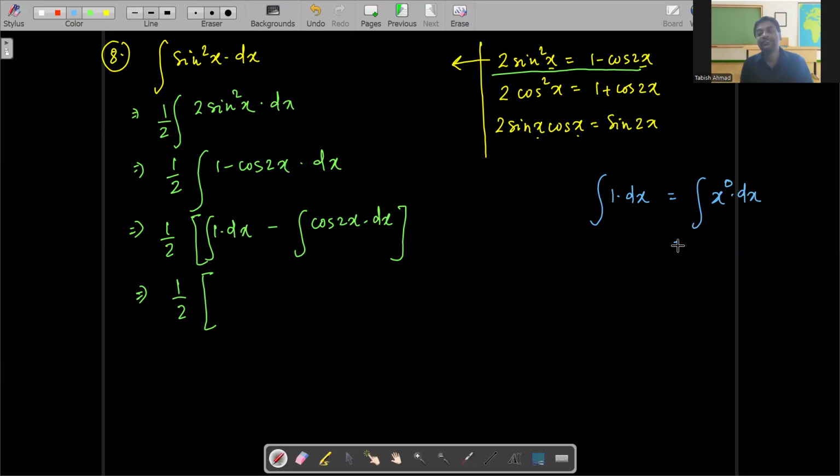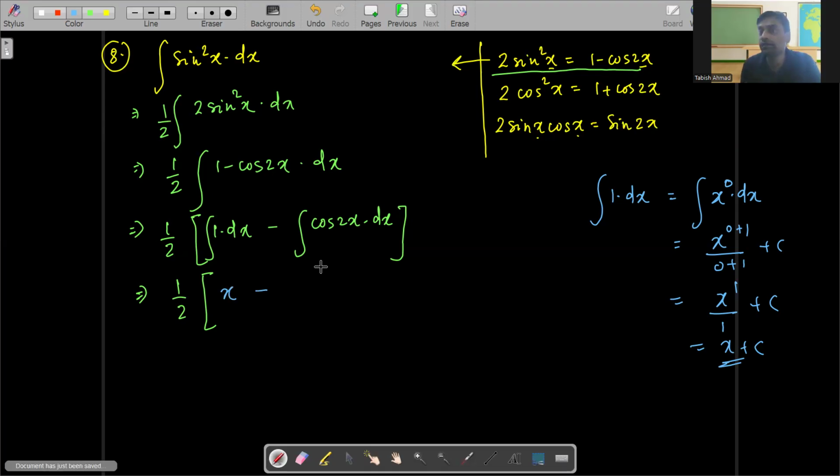Now use the formula: integration of x to the power n is x to the power n plus 1 over n plus 1. So it will become x to the power 0 plus 1 over 0 plus 1, that is x to the power 1 over 1, which is nothing but x plus c. So x is the integration of 1. So this will become x minus, what is the integration of cos 2x now? That we know is sine 2x.